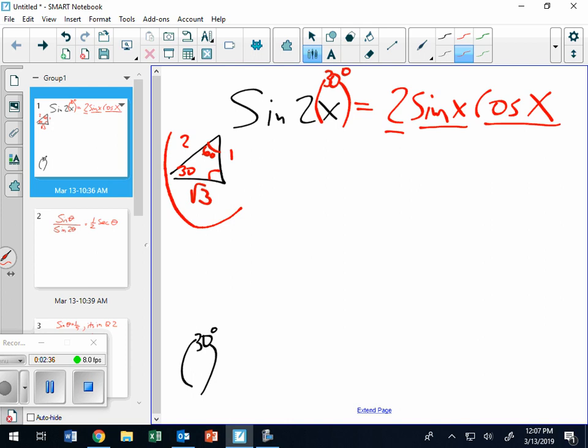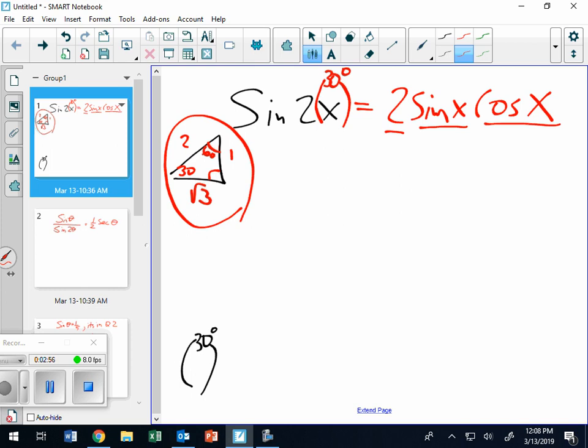Here's your triangle to remember what sine and cosine are. And if you haven't memorized sine of 30 by now, this is the 37th time it's come up. What is sine of 30? You didn't know? Boo.